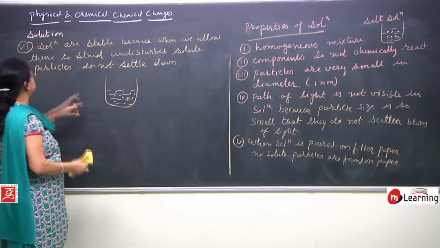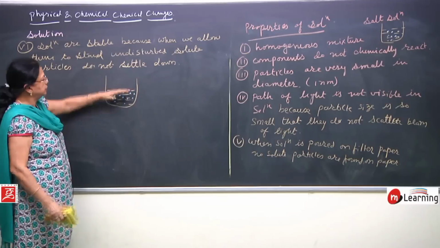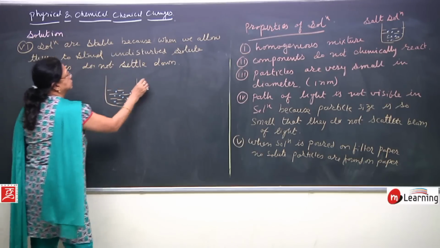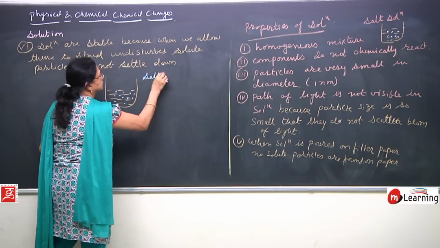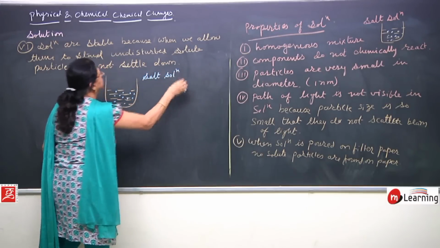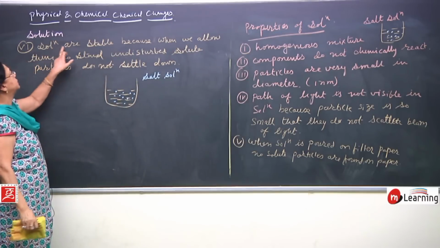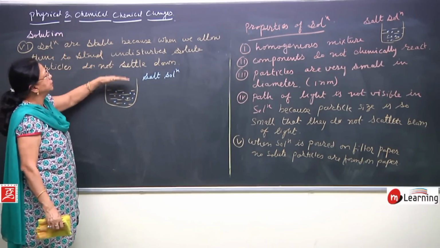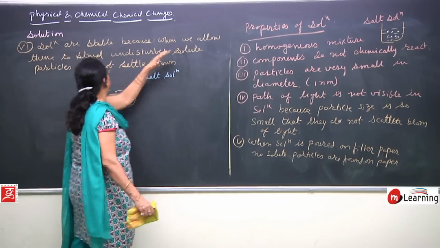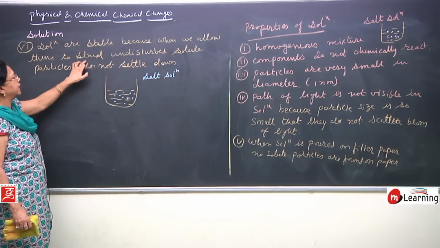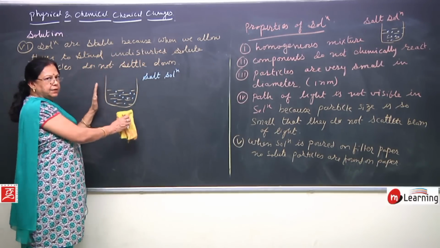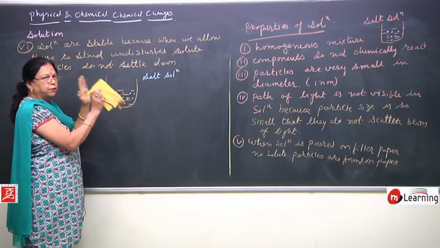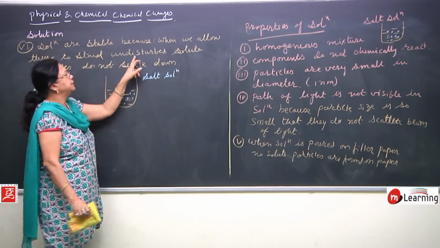So what I am saying is that this is salt solution. What I am saying here is that these solutions are stable. Why are they stable? Because when we allow them to stand undisturbed, I leave this solution undisturbed for an hour, then what happens?